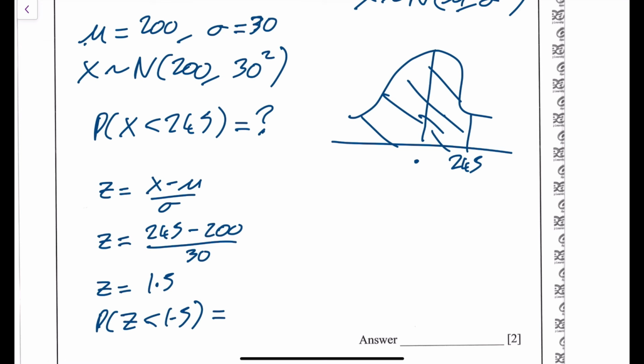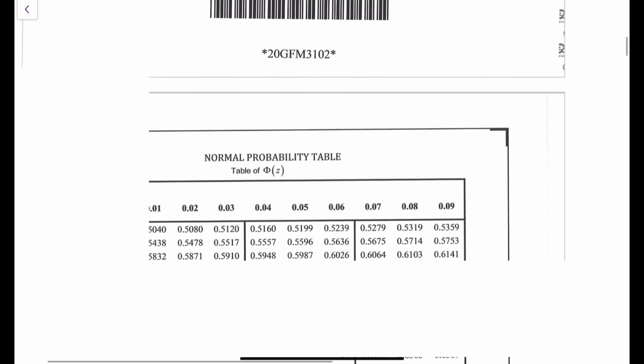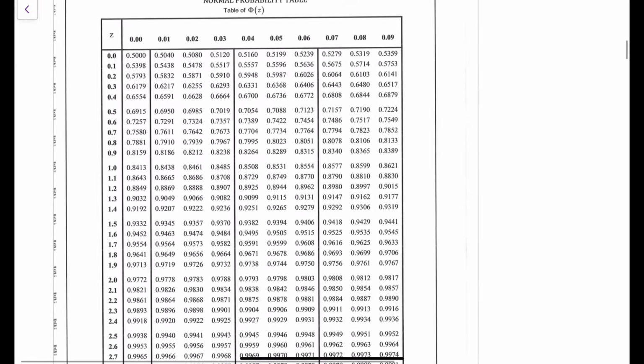And how do we do that from our tables? Right, I'm going to go all the way back to start. Bear with me here. So here's my tables. I wanted to have Z less than 1.5. So you go to 1.5, and there's no extra decimal points. So it's this one, 0.9332.